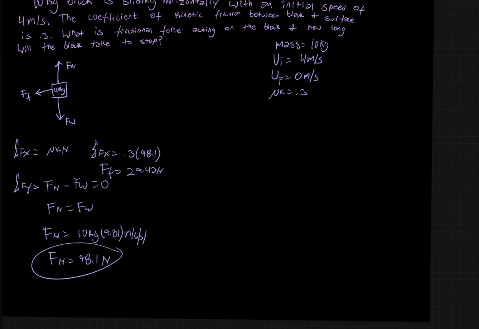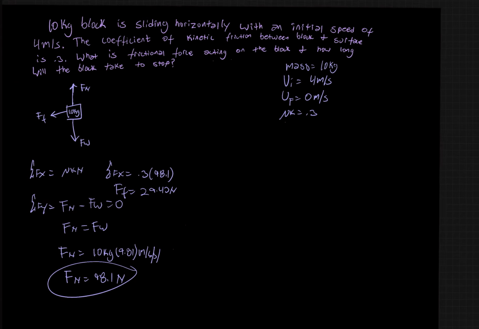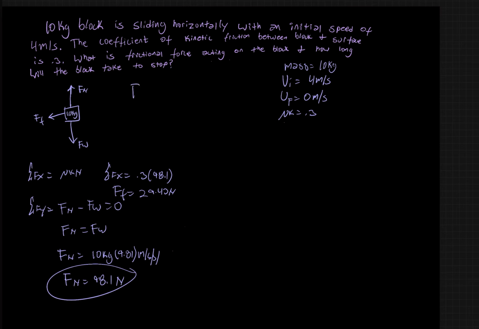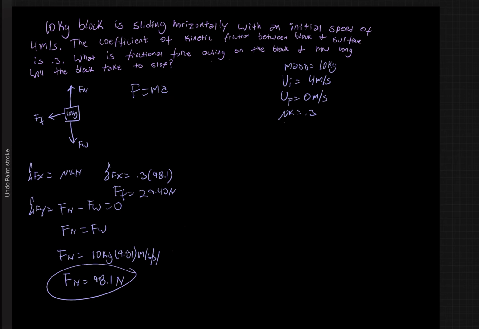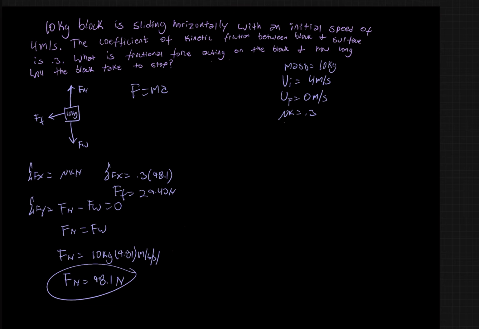So in order to use Newton's second law, force equals mass times acceleration, we have to find acceleration, and then we use that to plug into a kinematic equation. So we have our frictional force, and we need to find acceleration. So frictional force is 29.43, and then mass and acceleration.